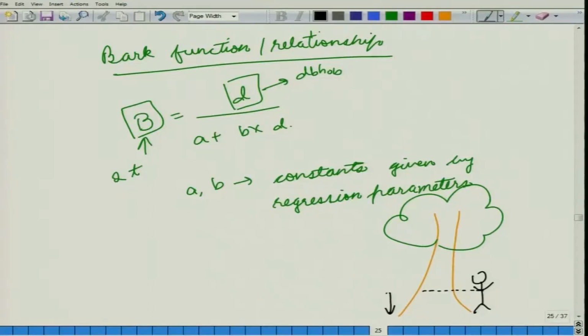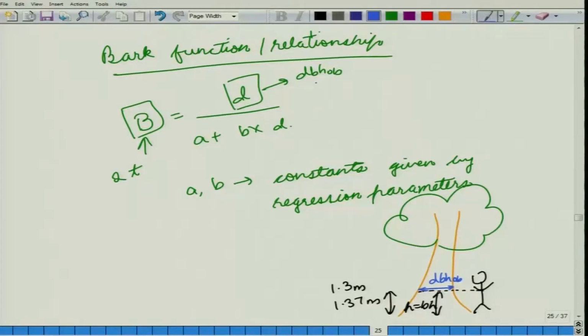It is 1.37 meters in the case of Indian conditions, or 1.3 meters for some other countries, and at this height h equal to breast height, you measure this diameter, and you are measuring the diameter over bark. So, this is DBH over bark. Over bark diameter might be measured either using tapes or by using calipers.